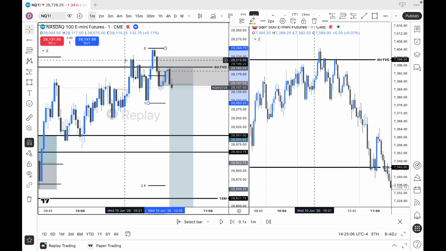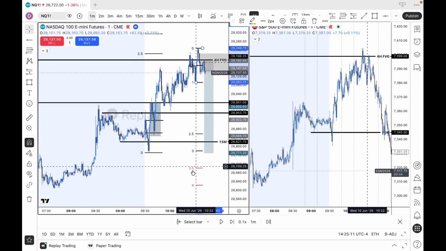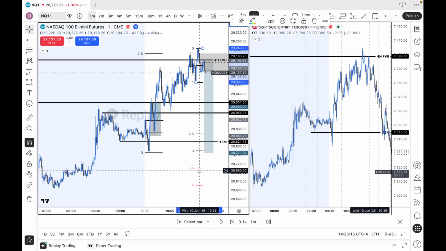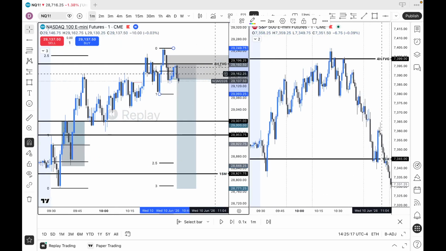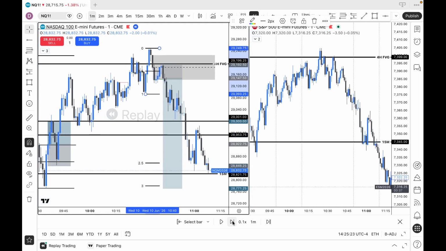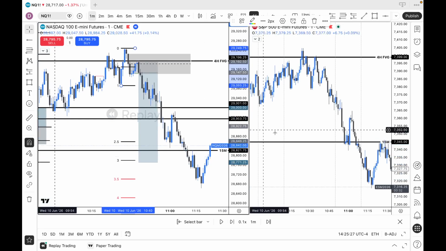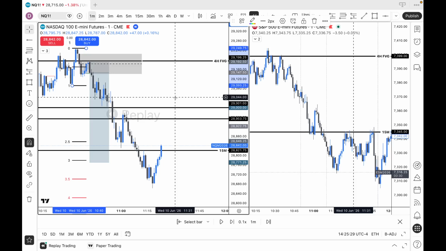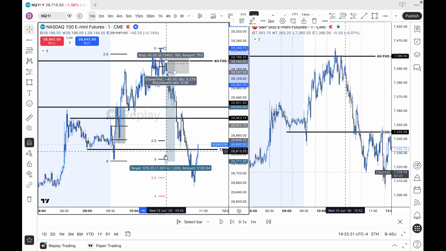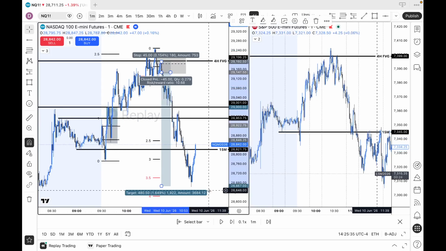You manipulate, you have an SMT here, you fully manipulate, and then the 3-hour or 4-hour expansion leg lines up with the news low. So yeah, that was, in my opinion, the trade of the day. Is this 4-hour standard deviation. Pretty freaking sweet.